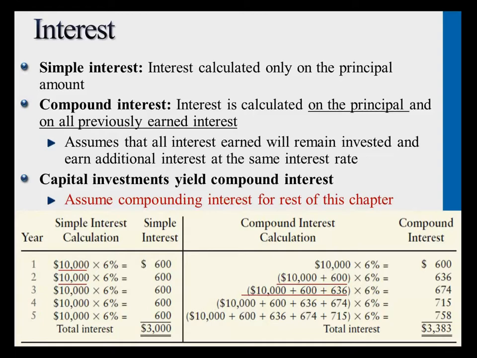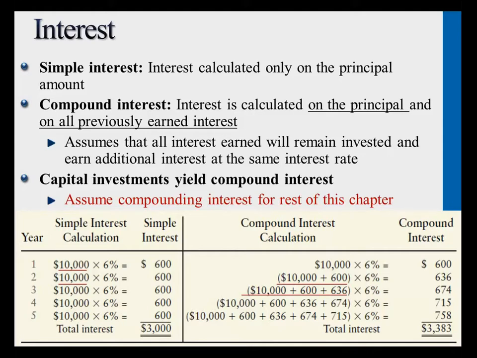Compound is a bit different. The first line is the exact same thing. The first year, it's just as simple: 10,000 multiplied by 6% is $600. But the second year is where we see the difference. It's our 10,000 plus the 600 that we earned in the first year, and then we multiply that by 6%, and that's how we get 636.